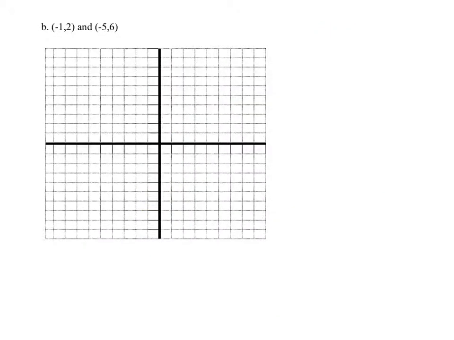Next, let's do the midpoint formula again, and we'll graph it. (-1, 2), label your axes. (-5, 6). There they are. And I could find the distance between them, and I can also find the midpoint. So let's use the formula.